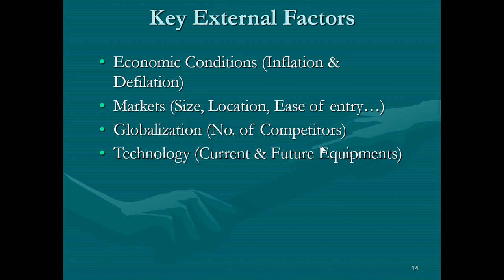Markets can be found in their size, location, and the ease of entering the market. Globalization will be translated in the number of competitors found in your market. And technology can be translated in current and future equipment, the level of technology that you have implemented as an organization.